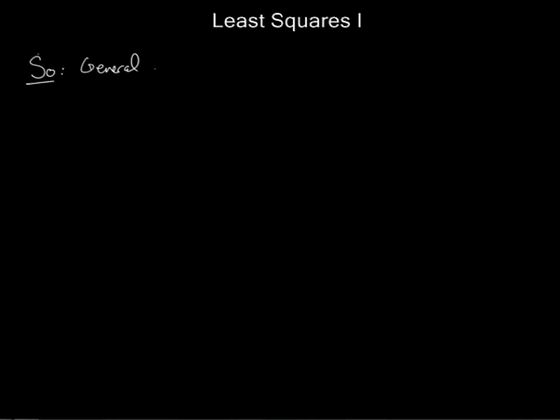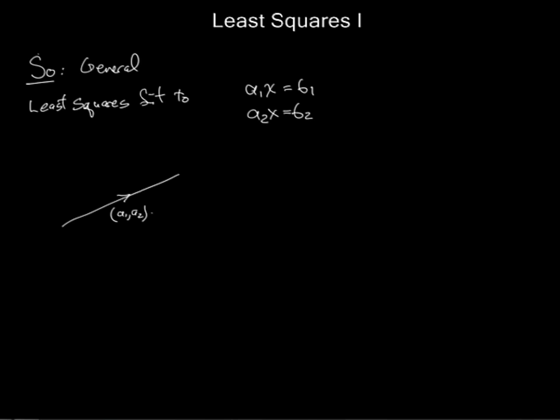So let's write down the general picture along the lines of what we just said. Let's find the least squares fit to the following general set of equations, two equations and one unknown: a1x equals b1, a2x equals b2. Well, you write down this vector (a1, a2), and we're looking at multiples of that times x.